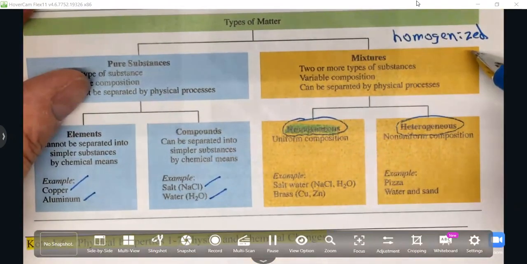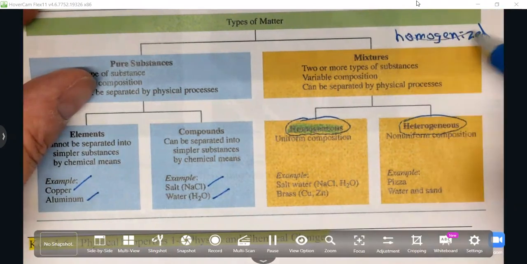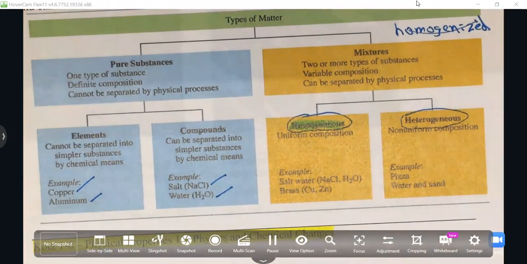Homogenized. Where did you see that? Milk carton. You ever seen homogenized milk? This is on the milk carton, yes? Right. If they did not homogenize milk, what would happen? The fat would separate, right?